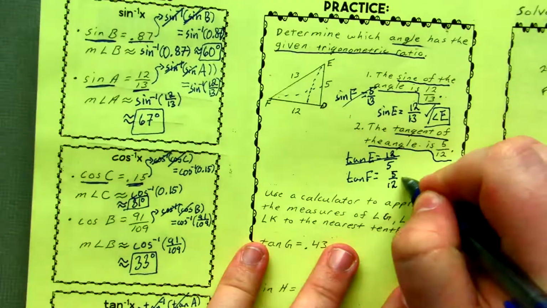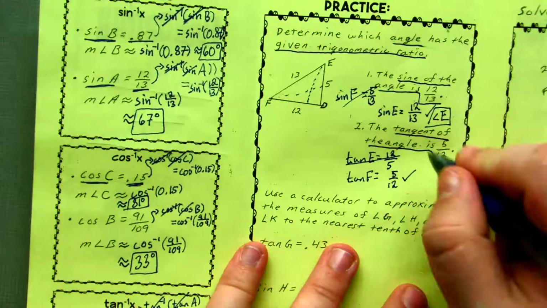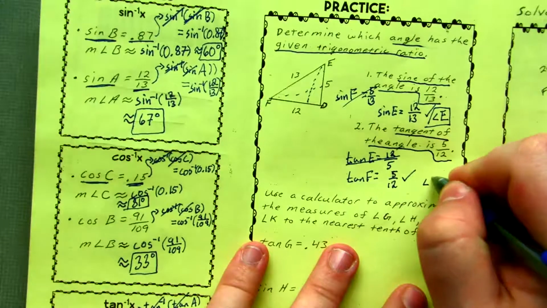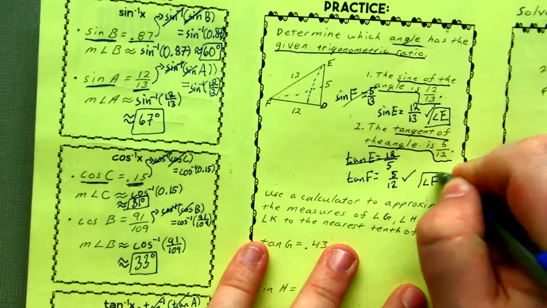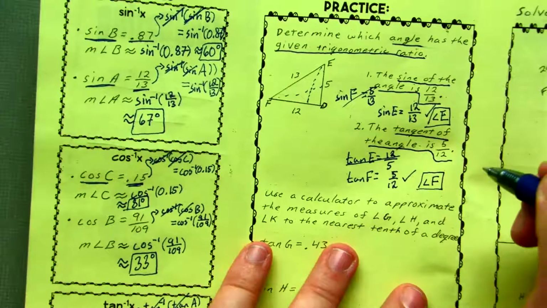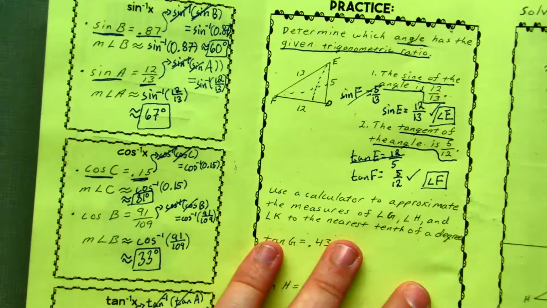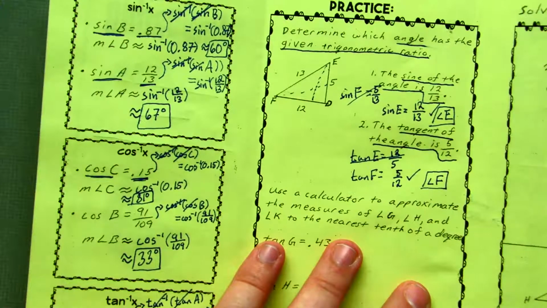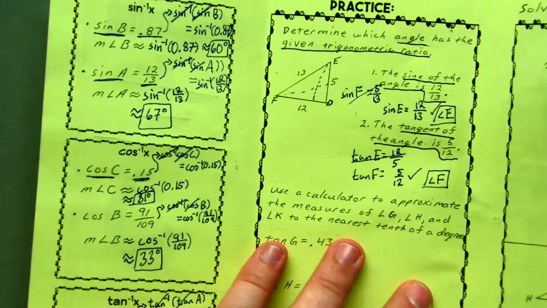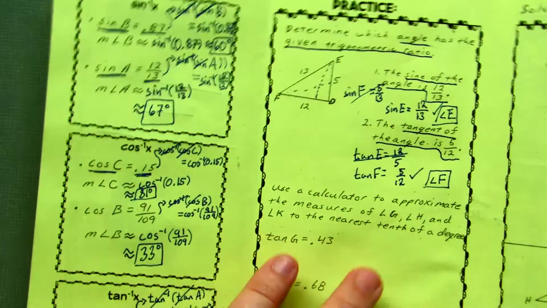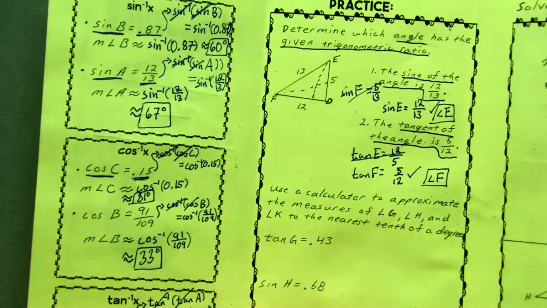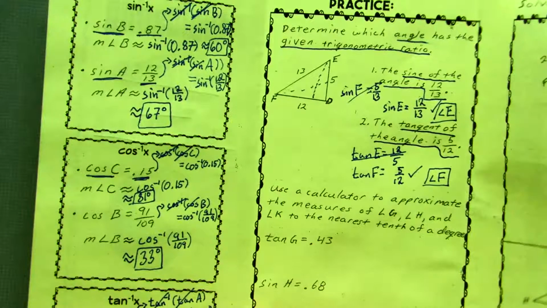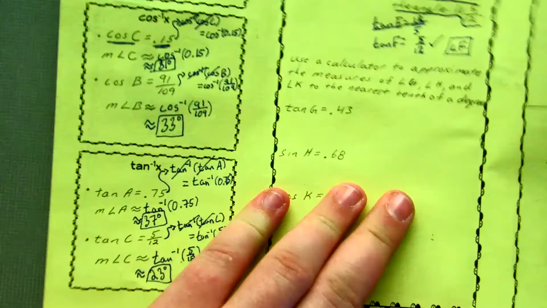And that one does work. That makes us happy. So angle F is the angle that works. Awesome. Let's take a look at our next piece of practice.